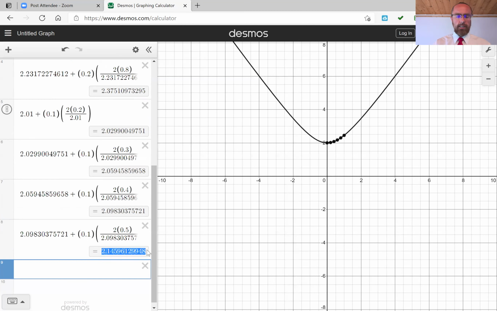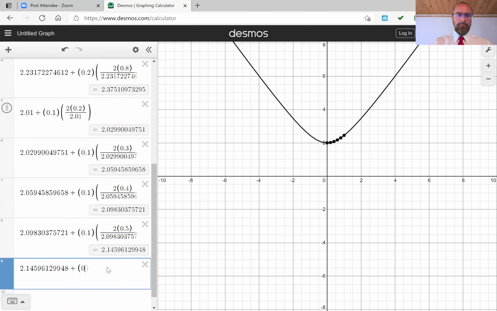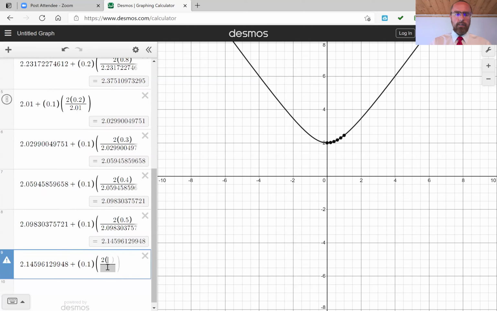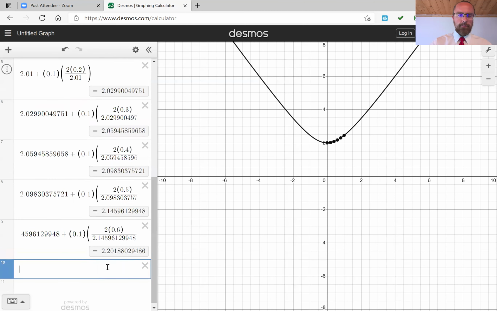But again, to calculate now y sub 7, I'm going to copy paste. Keep going. Raise my x value by 0.1, so now 0.6 over that y value. That one we won't use, but we'll use it to calculate the next one, 2.2019 if I were to round.